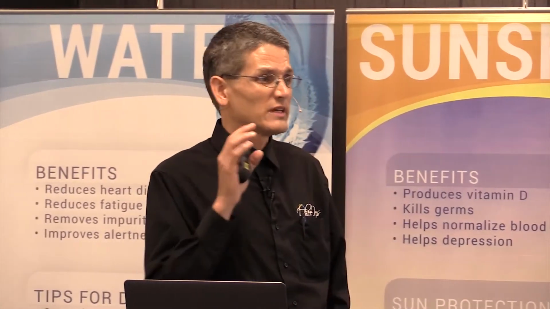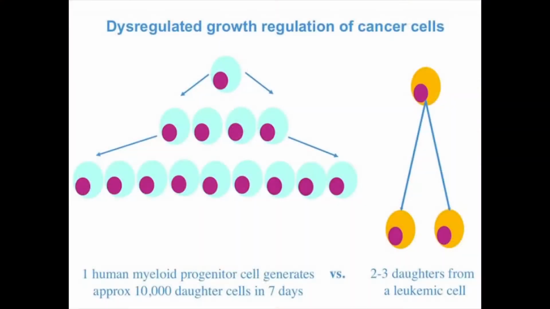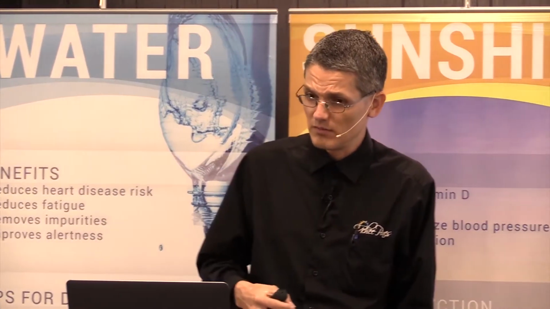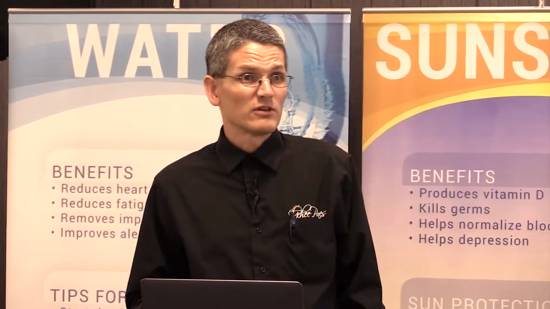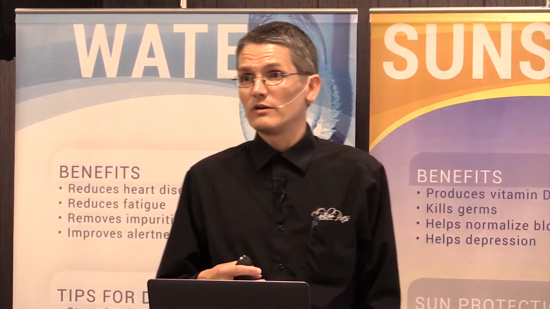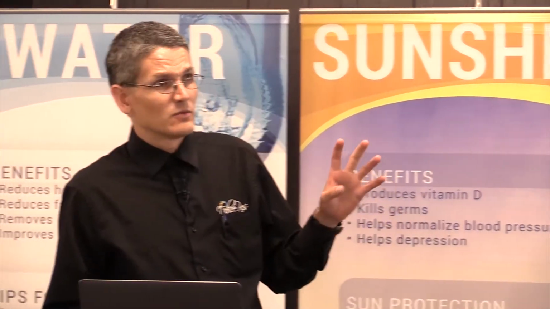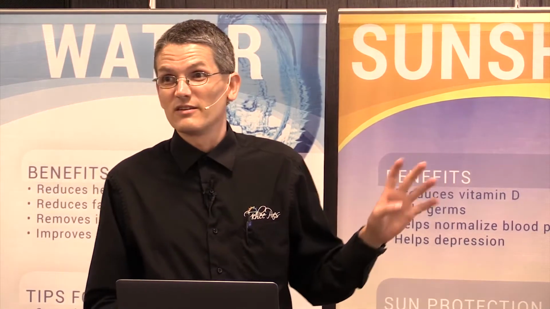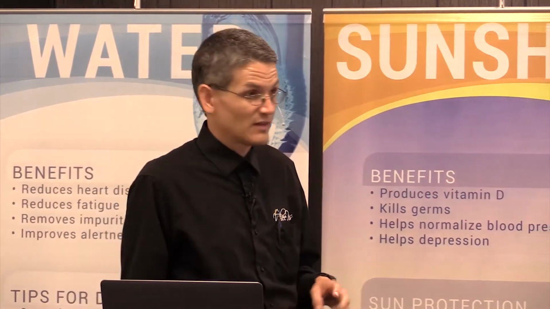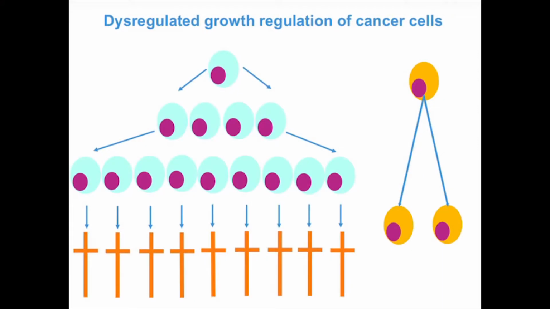But when you have leukemia that involves this same cell line, in a week you only get about 2 to 3 daughter cells from a leukemia cell. It actually doesn't divide that rapidly compared to the normal cell lines. But what does happen in the normal cells doesn't happen in the cancer cells, and that is that the normal cells get these signals to die, and so they will die off when they need to.